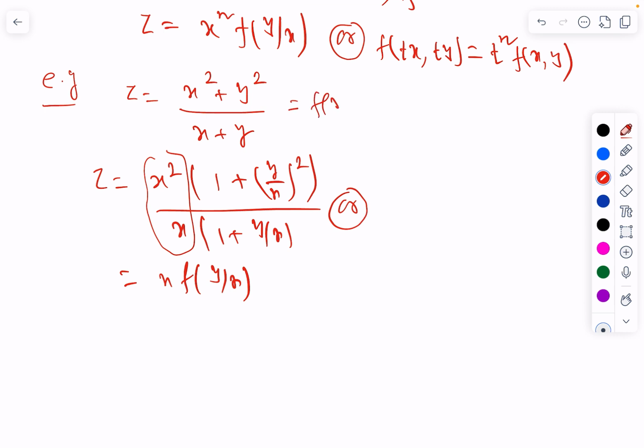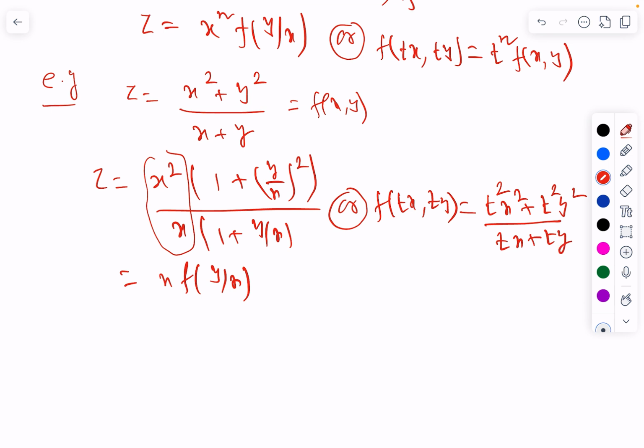Or you can write this z as f of x y, and f of tx, ty is t square x square plus t square y square upon tx plus ty.